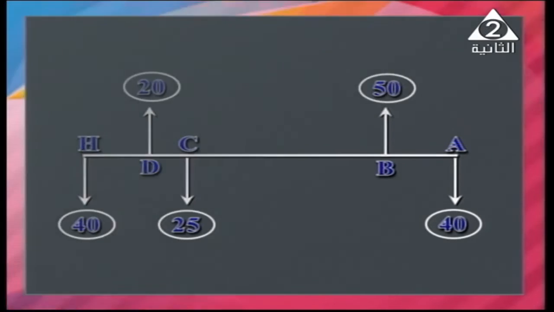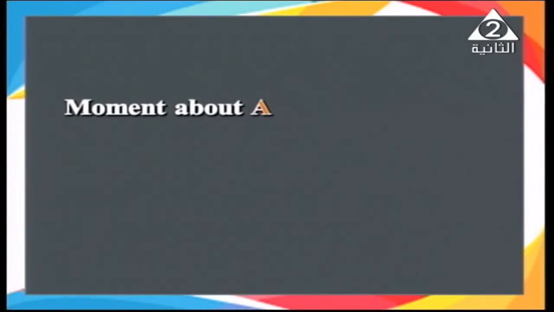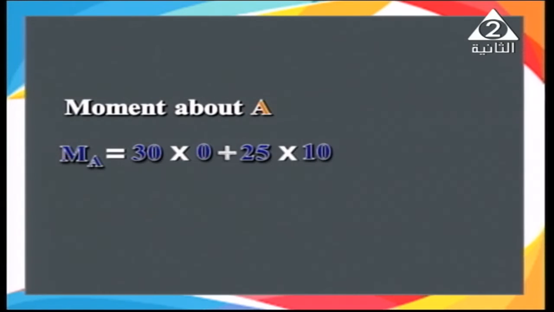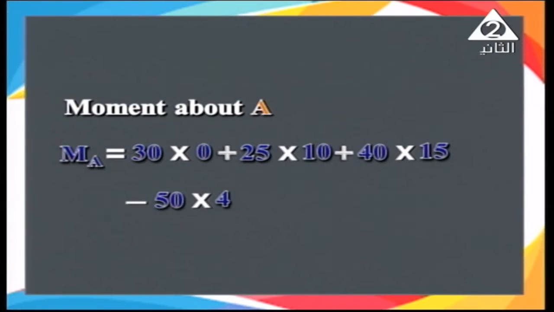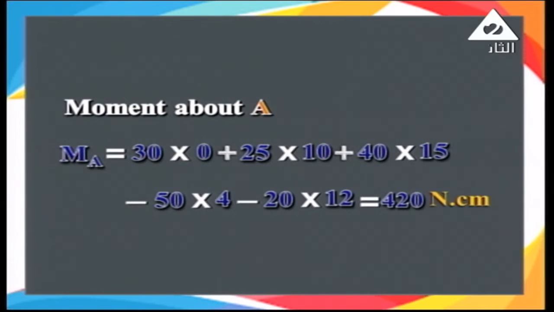Moment about A equals 30 times distance 0, 25 times 10, 40 times 15, negative 50 times 4, negative 20 times 12 equals 420 Newton centimeter.